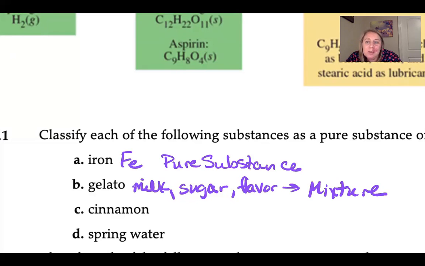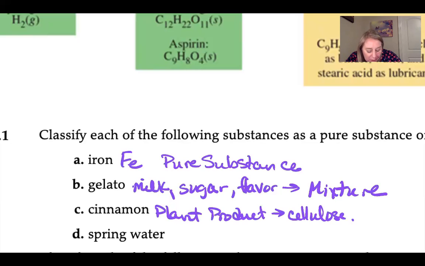Cinnamon. Now this one, you think, oh, it's just all cinnamon, but what is cinnamon? Cinnamon is actually a plant product. It comes from a plant. And so if you think of anything that comes from a living organism, it's going to be made up of a bunch of different things. So it's a plant product. Plants have things like cellulose.